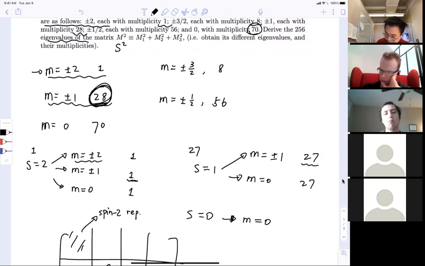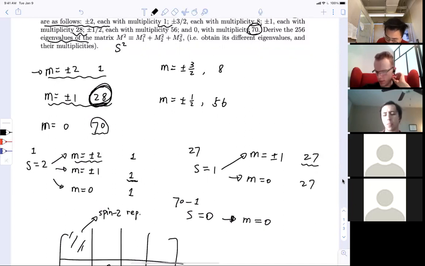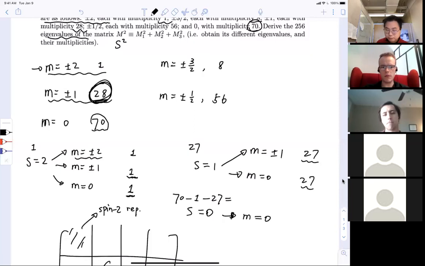To have 70 with m equals 0 in total, we would need how many? 70 minus 1, this one from the spin 2 representation, and also 27 from the spin 1 representations. That gives us how many? 42. Yeah, 42.